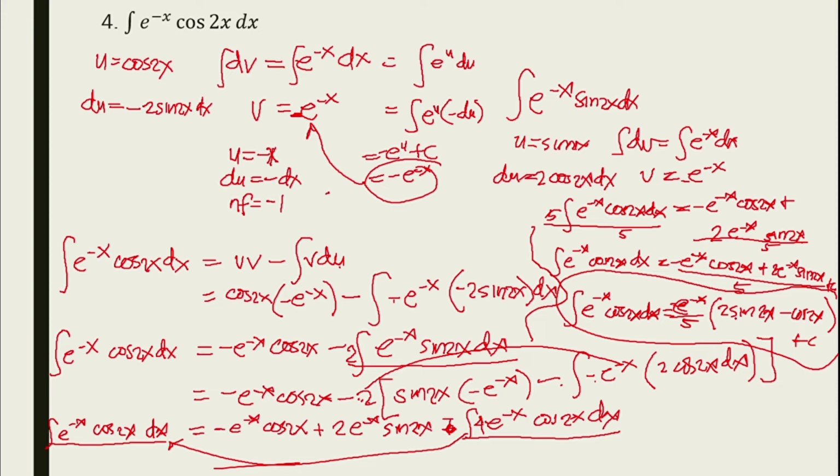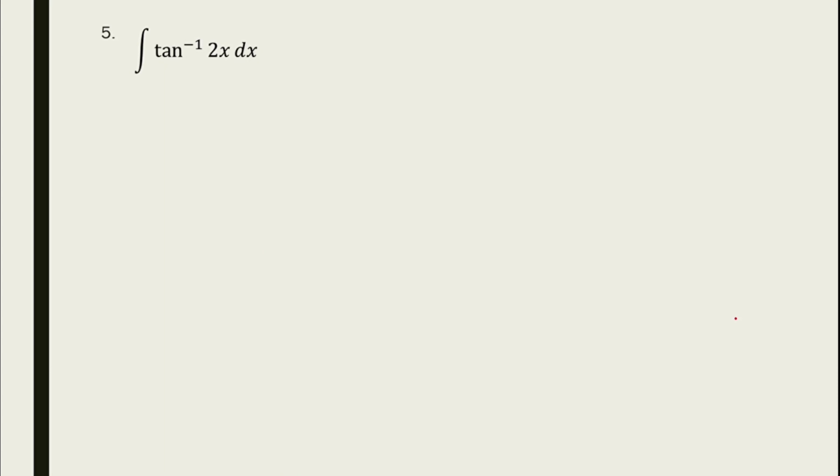So moving on to number 5, which is the integral of inverse tangent of 2x dx. So first thing is we have to let our u here equal to inverse tangent of 2x.